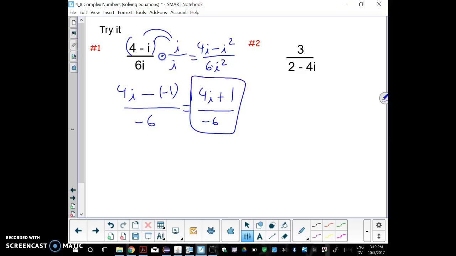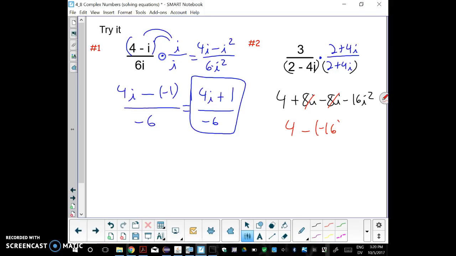Second example, multiply by the conjugate, so it's 2 plus 4i. And in the denominator, FOIL things out. So we'll end up with 4 plus 8i minus 8i and minus 16i squared. So the middle parts cancel out there, the positive and negative 8i. So we end up with 4 minus negative 16, and we end up with 20.